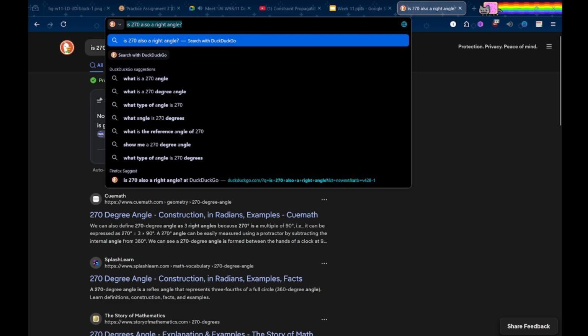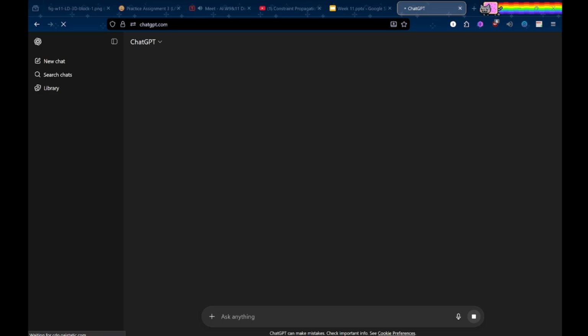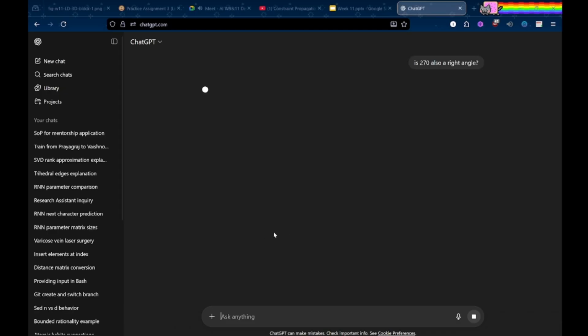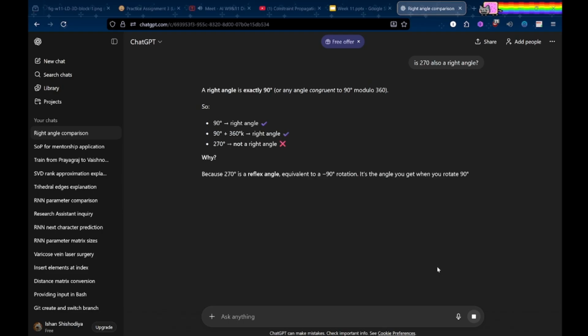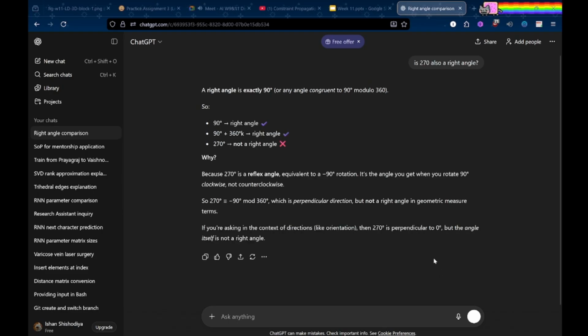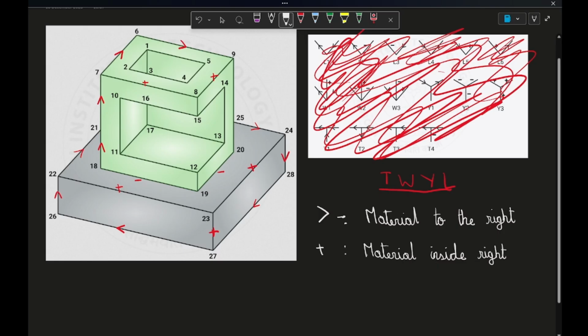A right angle is exactly 90. Okay, 270 can't be a right angle. Okay, new thing: reflex. Yeah, that's two right angled, and this means material is outside the right angle.